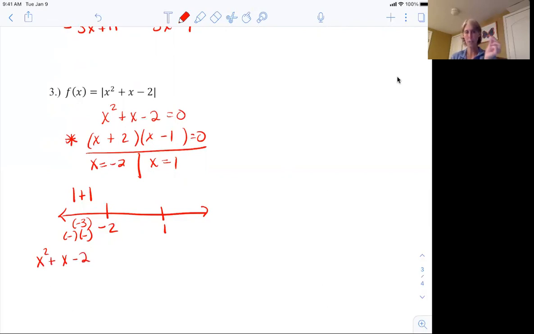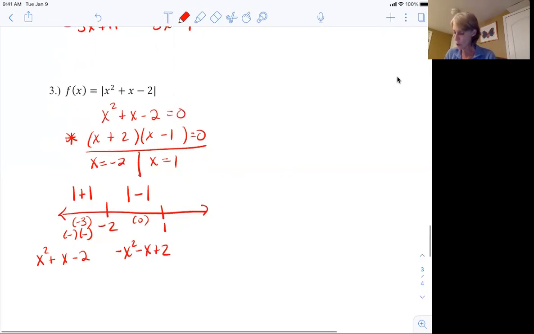Now I'm going to go in between. I'll take 0. A positive and a negative, I have a negative here. So in this section, I have to negate what's inside. If I'm rewriting it without absolute value signs, I'm going to negate what's inside.